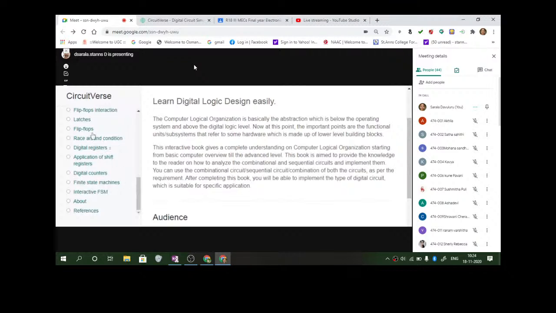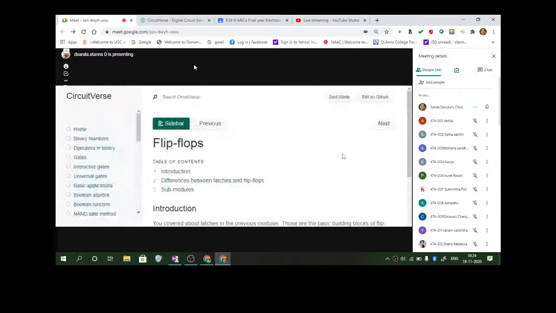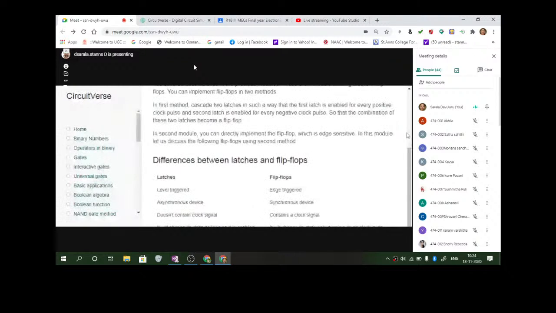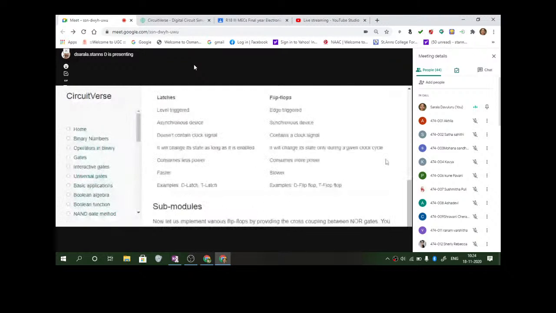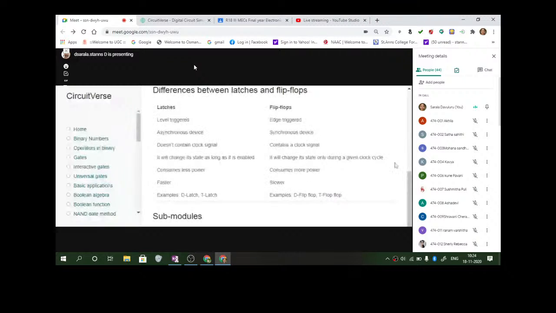Flip-flops. Just click on the left, you will find different flip-flops. The difference between a latch and a flip-flop, the sub-modules, we are doing today JK flip-flop.